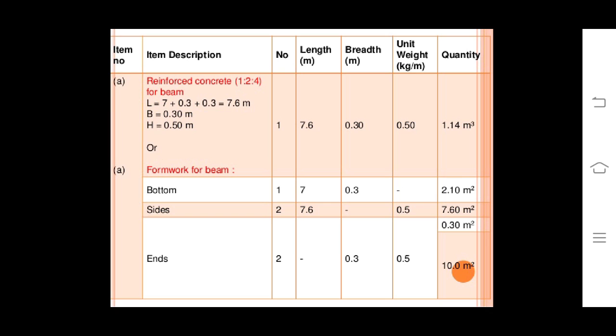For sides, the total number of sides is 2, the length is 7.6, that is 7 plus 0.3 from both sides, and the width is 0.5. The total quantity for side shuttering is 7.60 meter square, and for ends, the end has a breadth of 0.3 and depth of 0.5, and the total quantity of shuttering required for ends is 10 meter square.